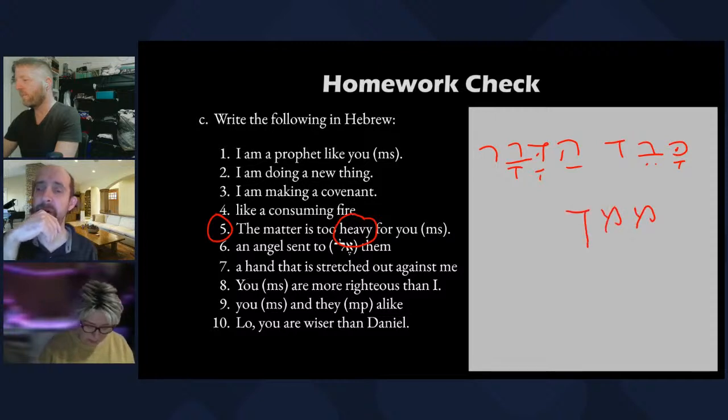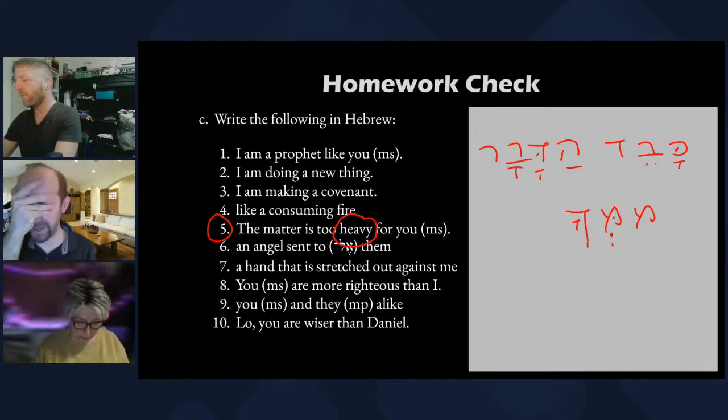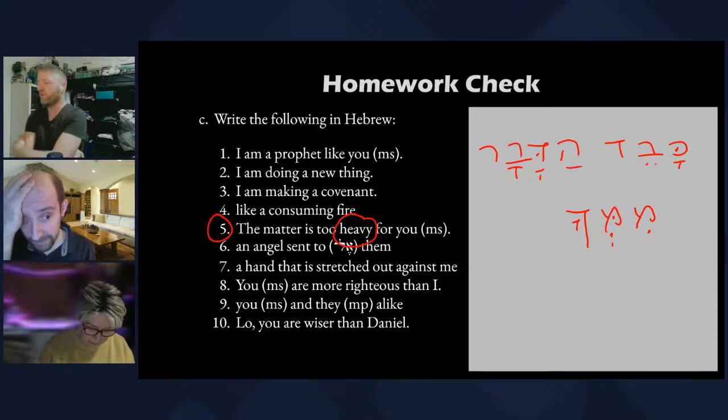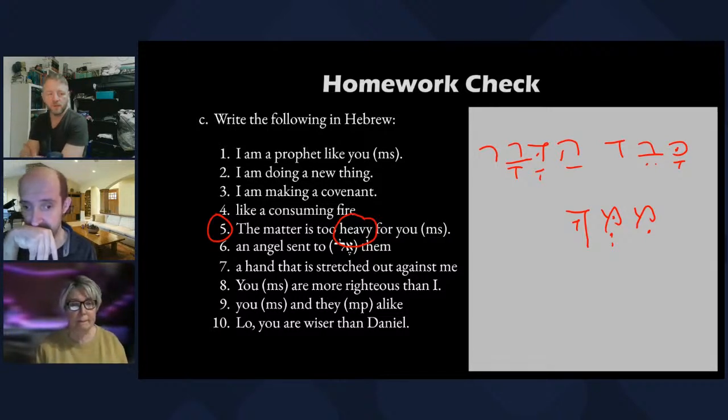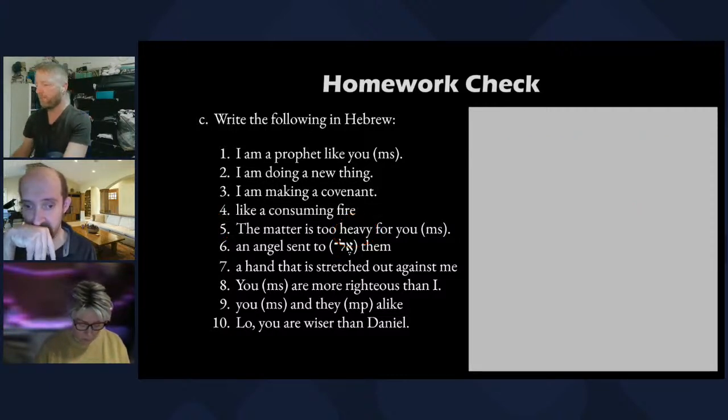Mimcha. Oh, from comparative. The comparative from Kaved hadavar mimcha. Heavy is the matter from you. It's heavier than you. It's too heavy for you. We would see this construction in the crying out of Cain, and he said, "My punishment is too hard for me to bear." It's that construction there.